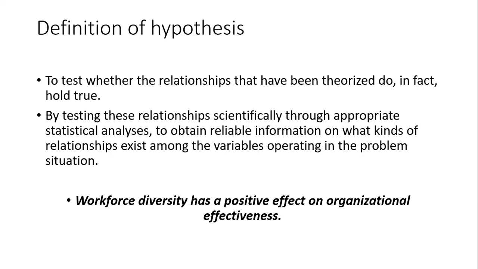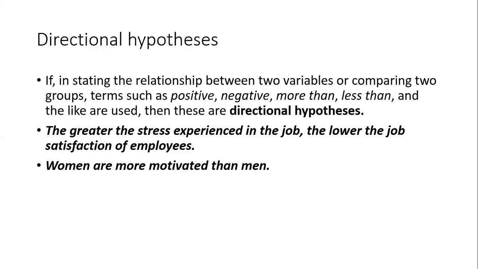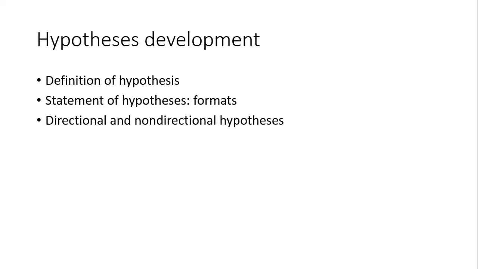So we were discussing the hypothesis development. In hypothesis development, first we have to define the hypothesis. Then we will discuss the statement of hypothesis: first we said what is the hypothesis, the definition of hypothesis, meaning which thing can be called a hypothesis.